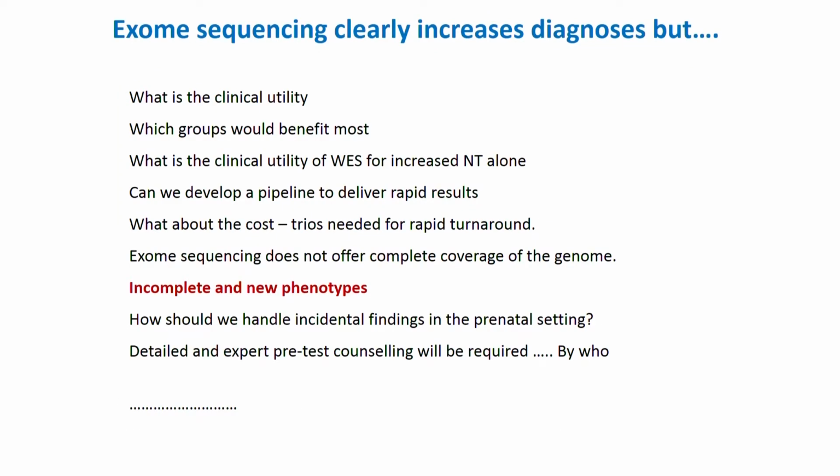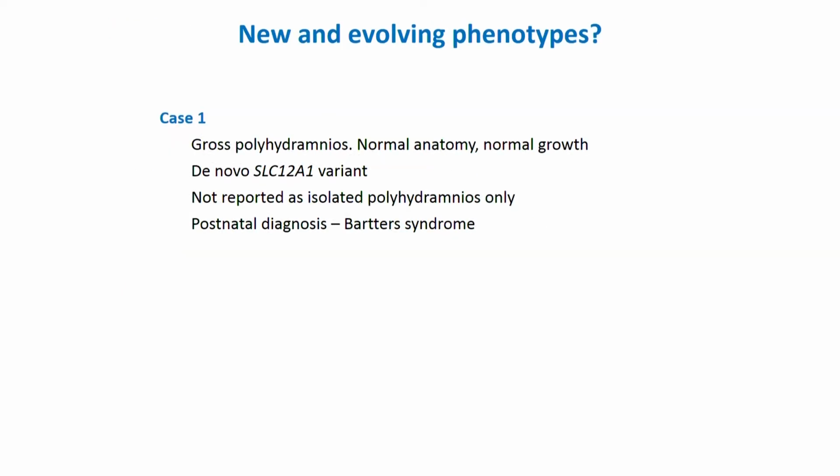Now, what about incomplete phenotypes or new phenotypes? And I think this is very challenging, and Bryn again has alluded to this. So just let me give you a couple of examples. So these are from the PAGE study, and remember, we are only reporting results that explain the phenotype, and then we're reporting them after pregnancy. So the first case was one which presented with gross polyhydramnios.